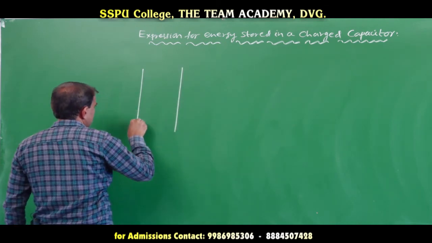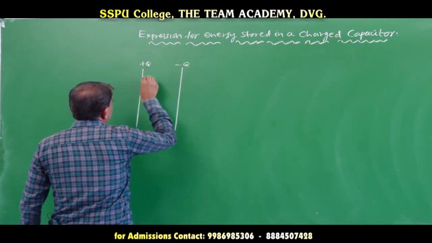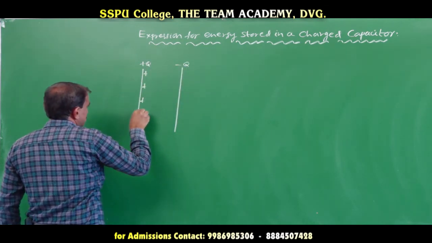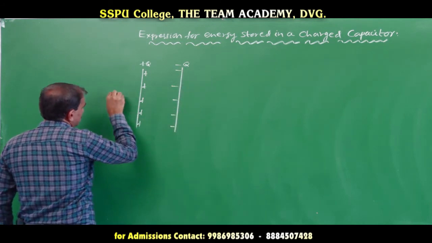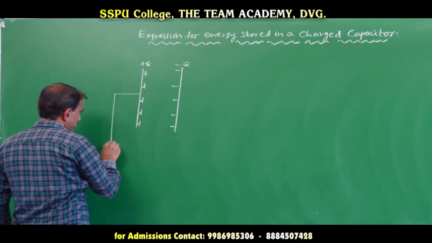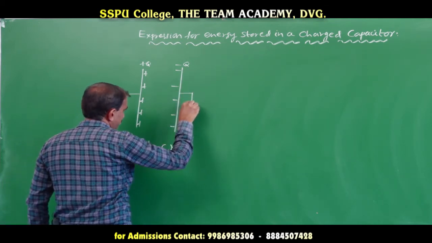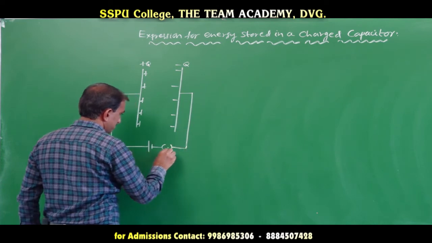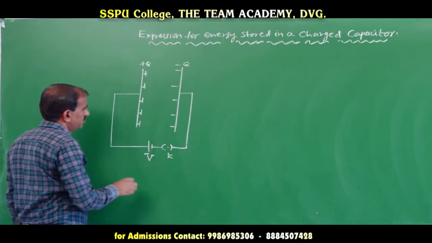This is a capacitor, this is the positive plate and this is the negative plate. These are the positive charges on one plate, these are the negative charges on the other plate. This is the potential difference between the plates, V volt. This is the plug key.